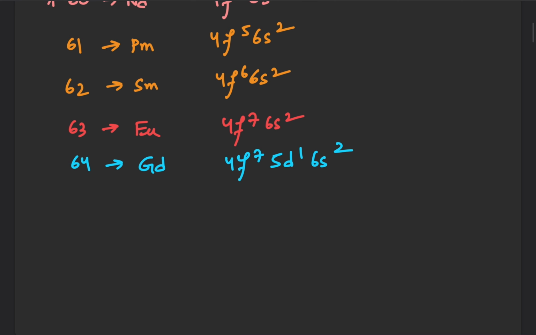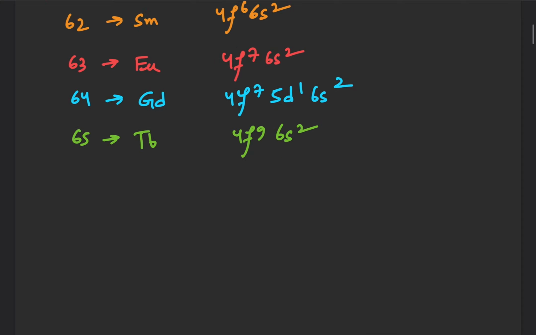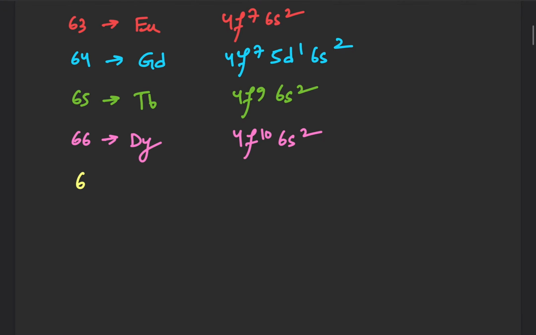Then we have terbium 65, configuration is 4f9 6s2. And then we have dysprosium, configuration 4f10 6s2, and then we have 67, which is holmium, configuration 4f11 6s2.